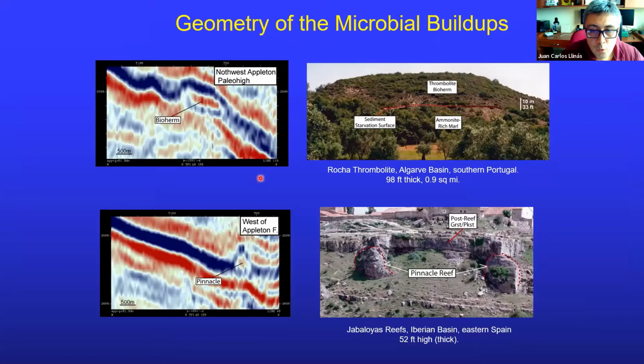So we saw two very different types of buildups in terms of their shape. This one is a bioherm, very similar to what we saw in the northwest shelf. They are about the same thickness, between 60 and 90 meters thick.